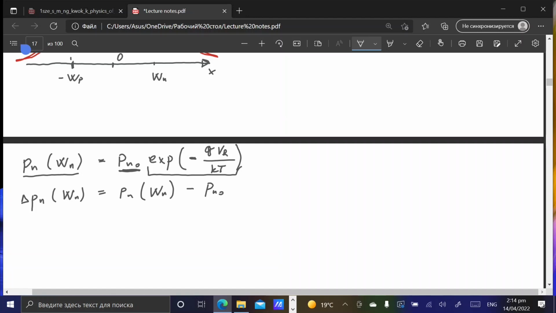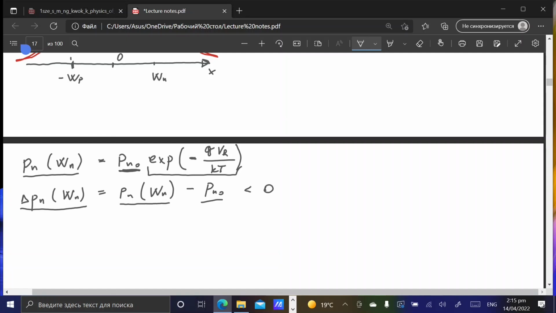So that means we subtract from something smaller something bigger, so this delta Pn will actually be smaller than 0. It will be negative. So we will indeed have smaller concentration of charge carriers at the interface we consider than in the neutral equilibrium part of the n-type semiconductor.